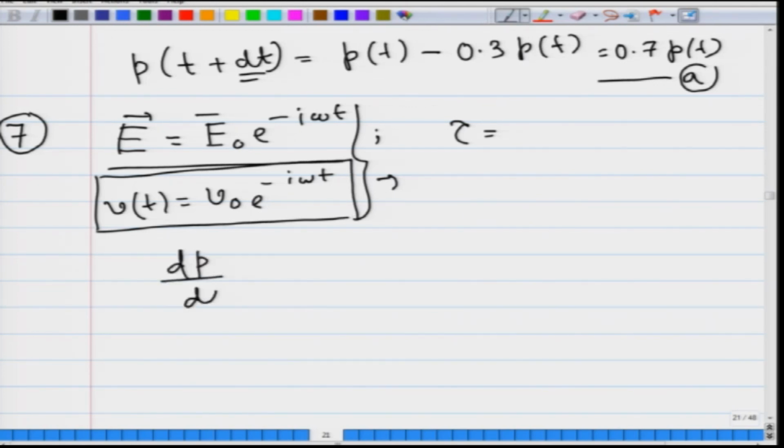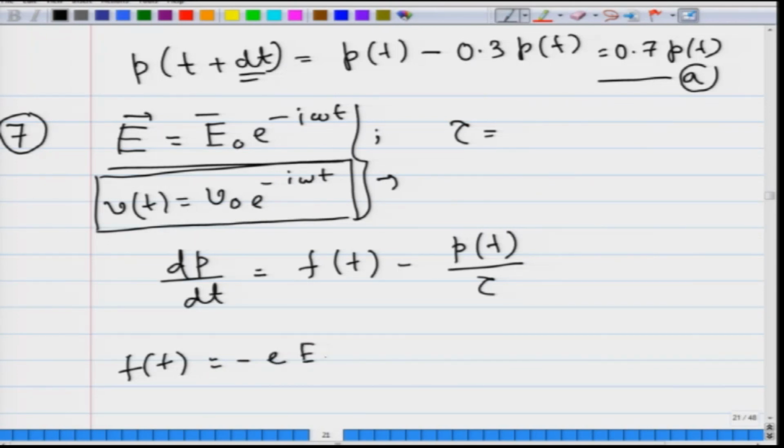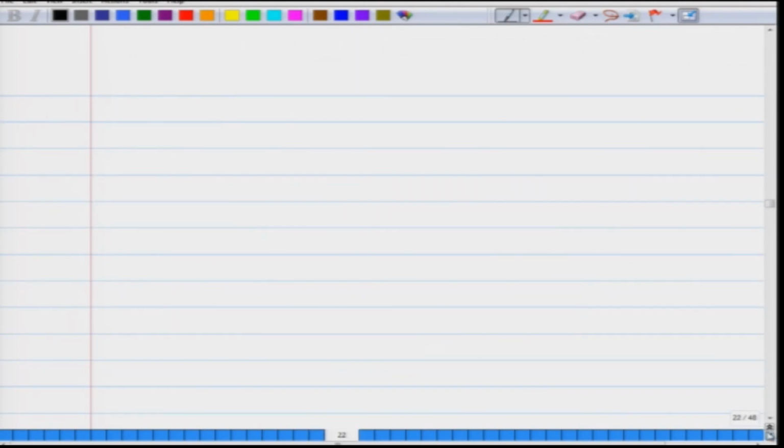Now we will solve the Drude equation. We have dp/dt equals F(t) minus P(t)/tau, and here F(t) will be minus e E naught e to the power minus i omega t. This minus comes because the electron has negative charge. So, the Drude equation will be dp/dt equals minus e E naught e to the power minus i omega t minus P(t)/tau.